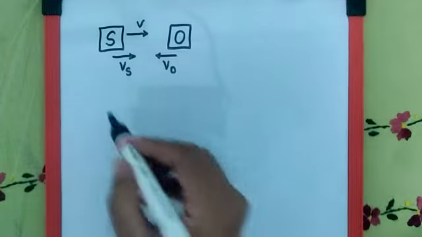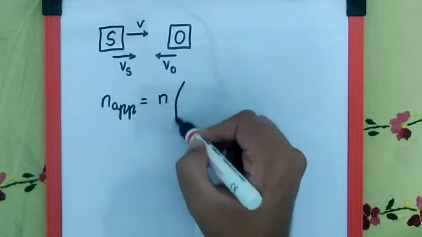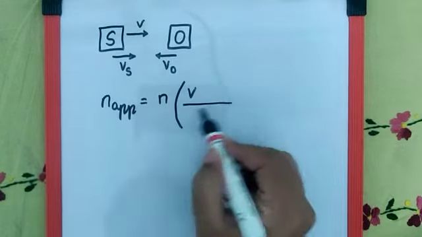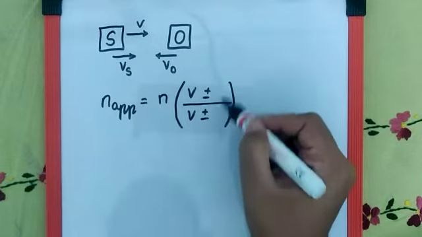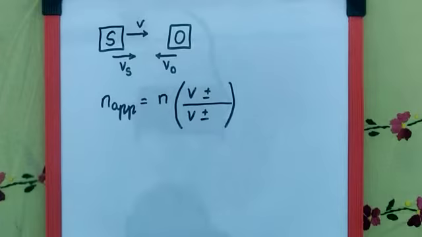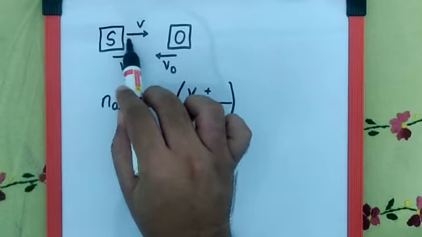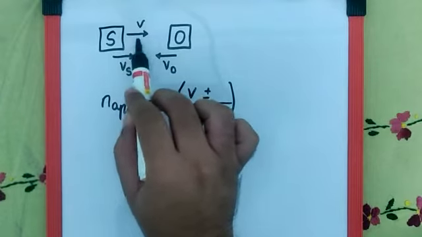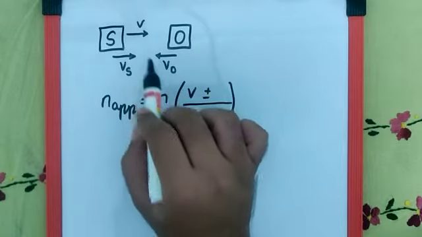So now we know for sure it is N apparent is N times V upon V plus or minus something. Now we need to decide which one will be the source and which one will be the observer, right? Now if you remember, the observer was in the numerator. So let's first check whether the observer has to be in the numerator or not. If you check over here, the speed of sound is towards right and the speed of observer is towards left, which means they are going in the opposite direction.